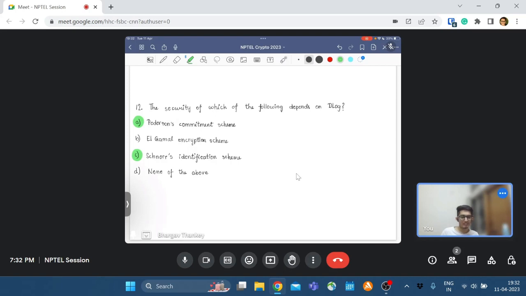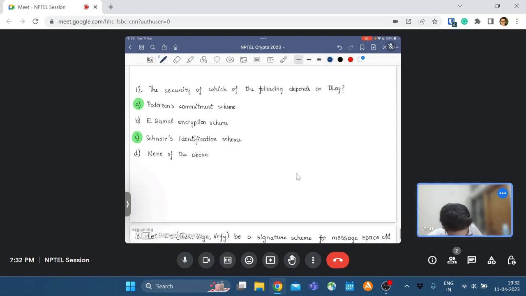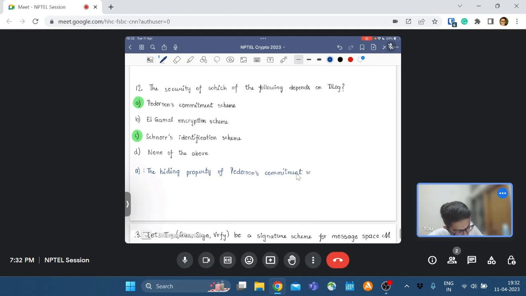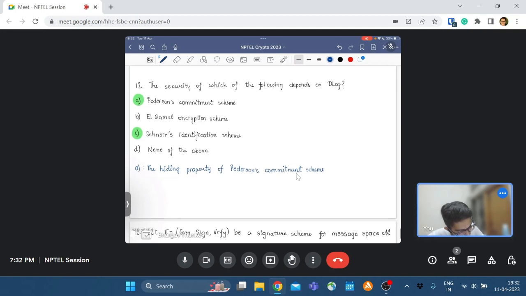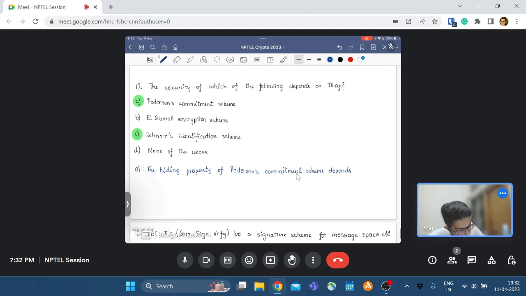And it's the hiding that depends on the D-log assumption, but its binding is unconditional.